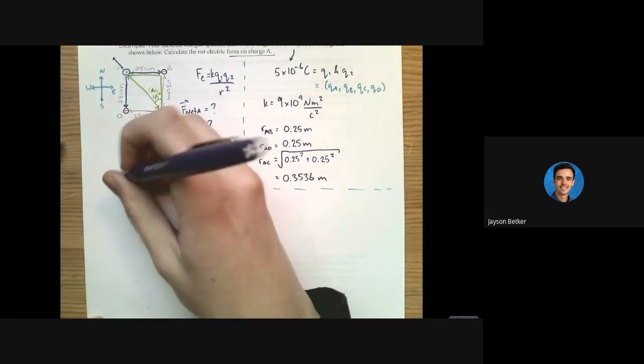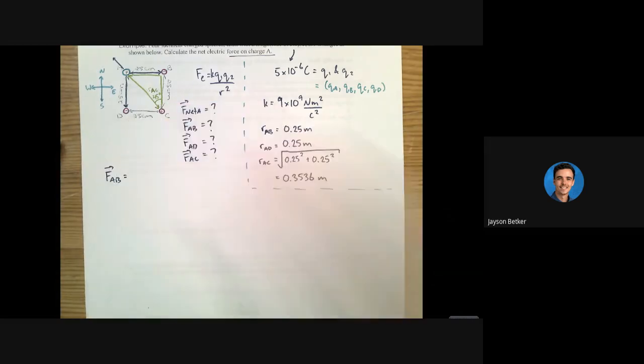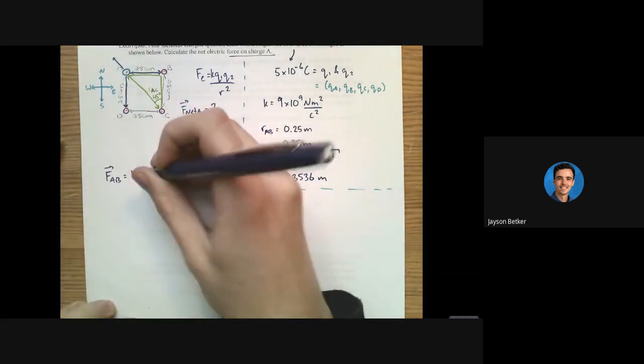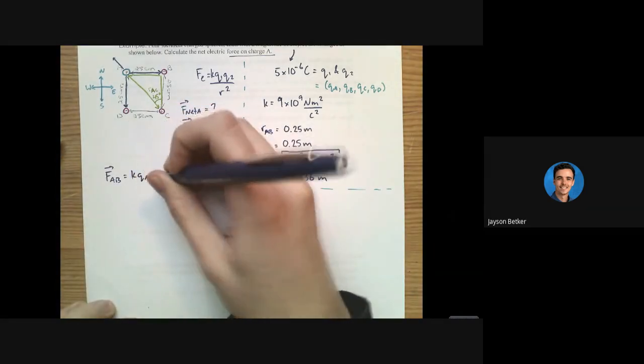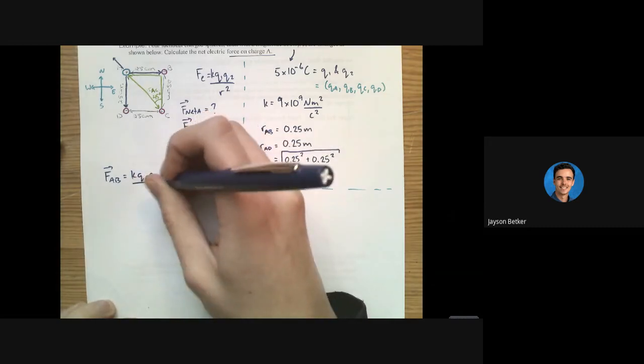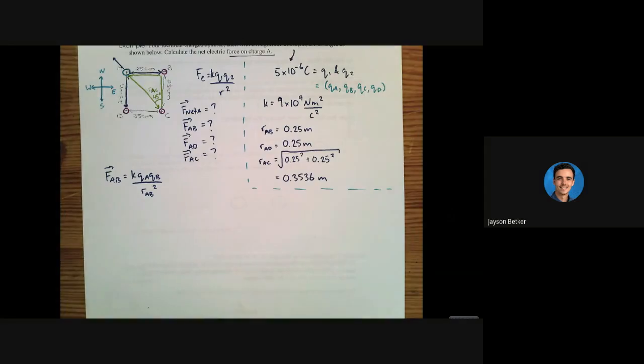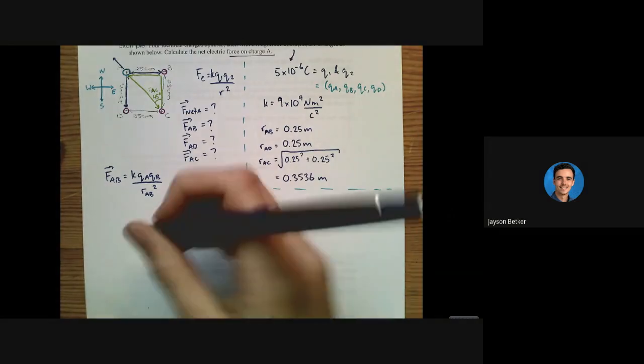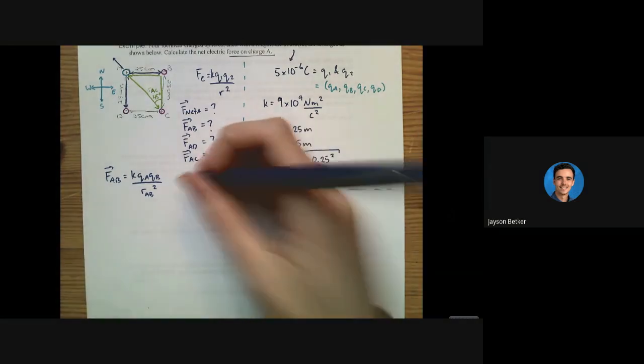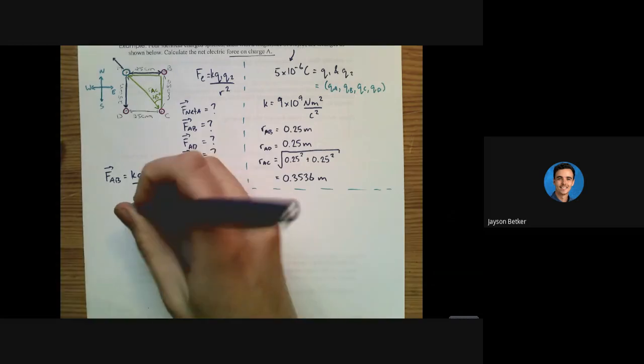What is FAB? Well, FAB is K QA QB over RAB squared. So what that is, I'm probably not going to have enough room, so I'm going to have to write it below here.